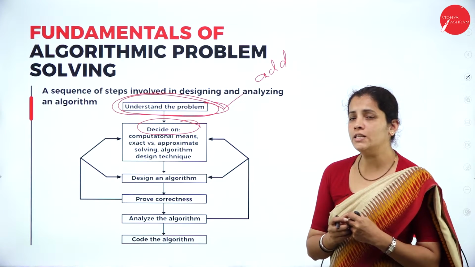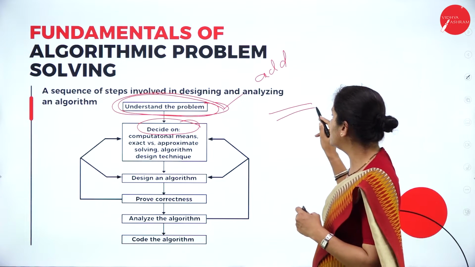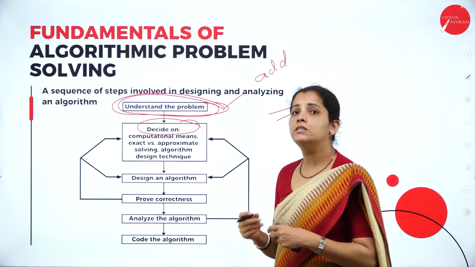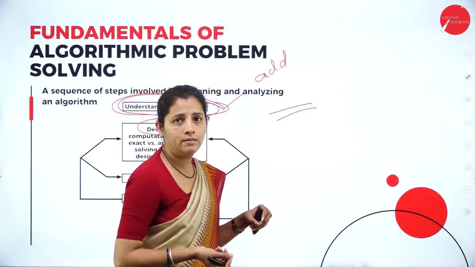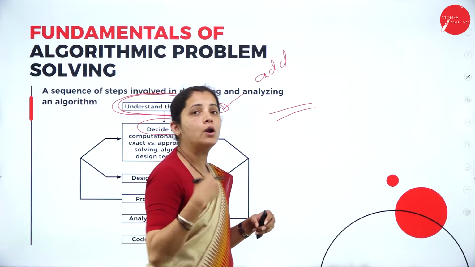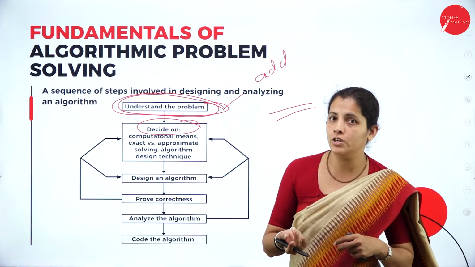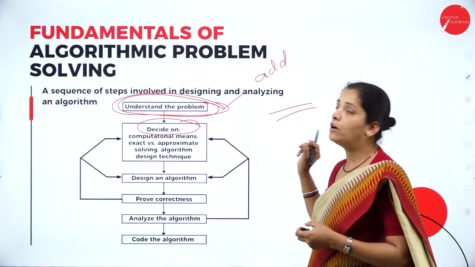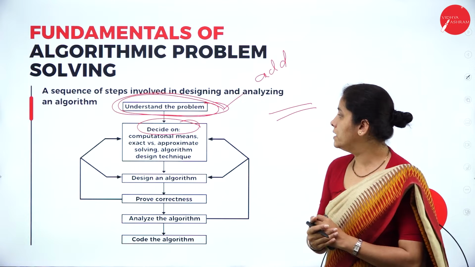So what is sequential instruction? After completing one instruction, if I complete another instruction, then it is called sequential instruction. Then what about parallel? If I execute two or more lines together, then it is parallel instruction. So I want to decide what kind of device I'm using, either a sequential device or a parallel device.